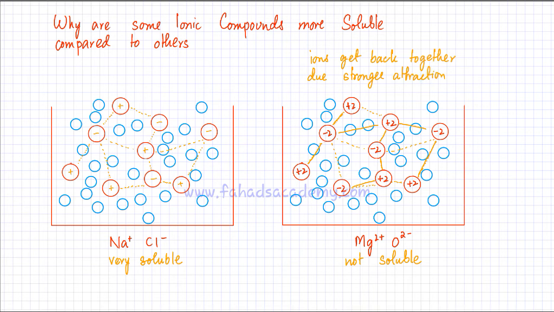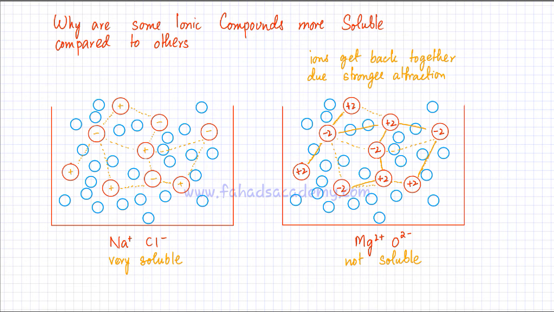So it's very hard to actually dissolve MgO and make it remain dissolved. The magnesium ions and the O2- ions would quickly get back together and reform the lattice that we were originally trying to dissolve.